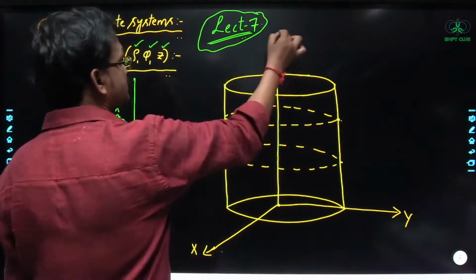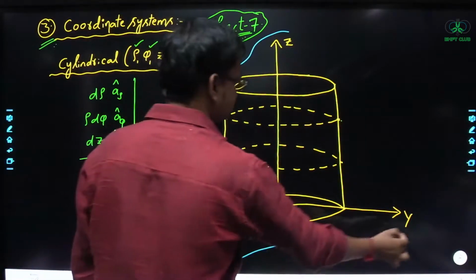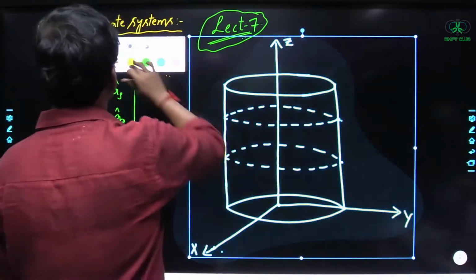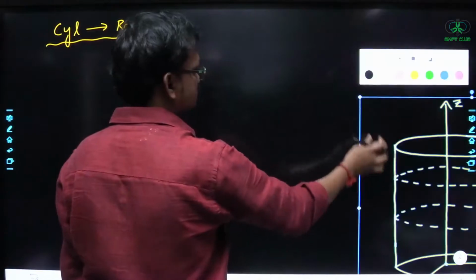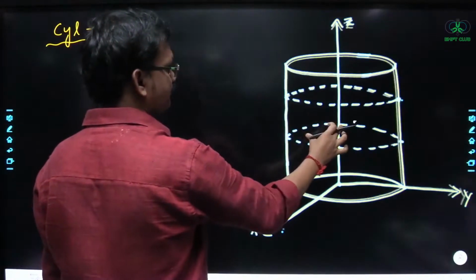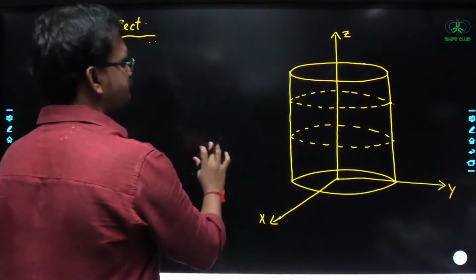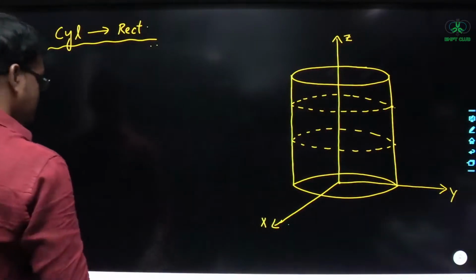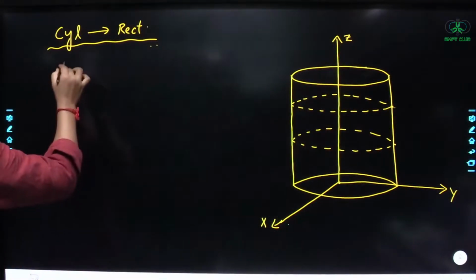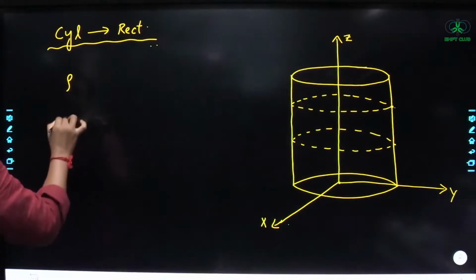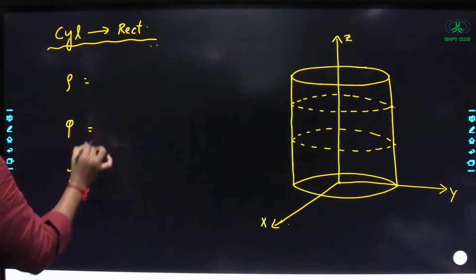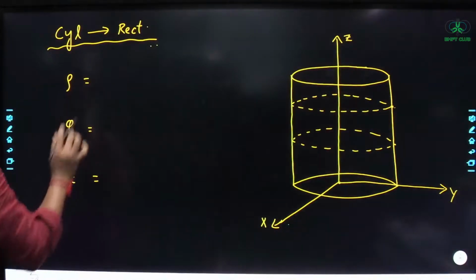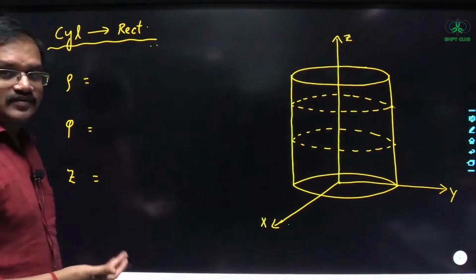I am copying this figure. In cylindrical coordinates, the coordinates are rho, phi, and z. We know that z is the same as z only.